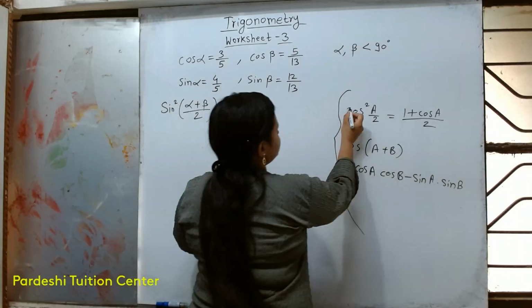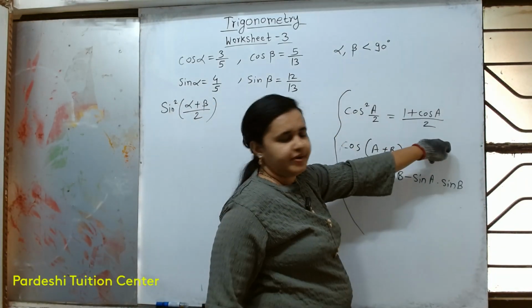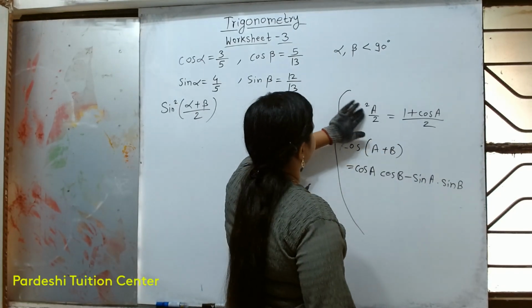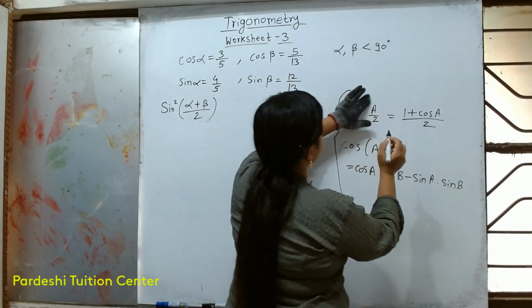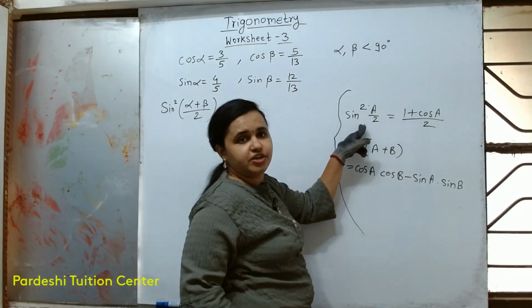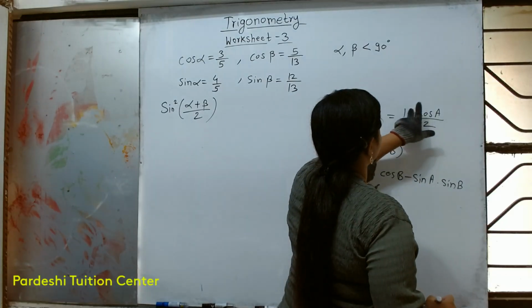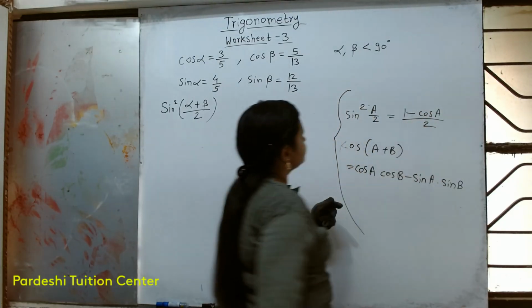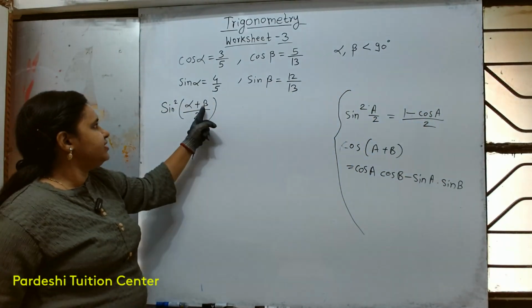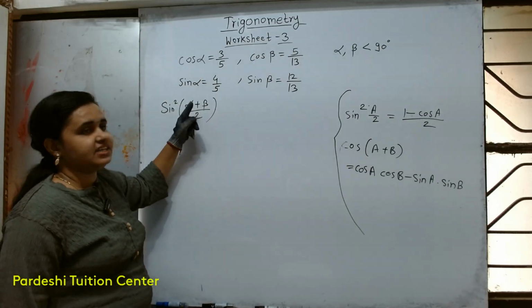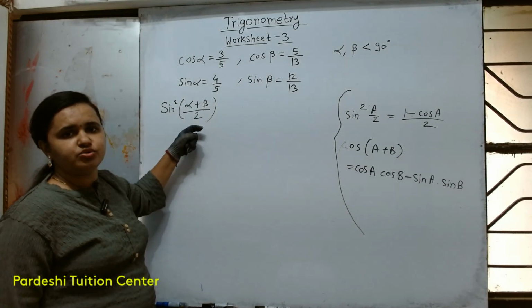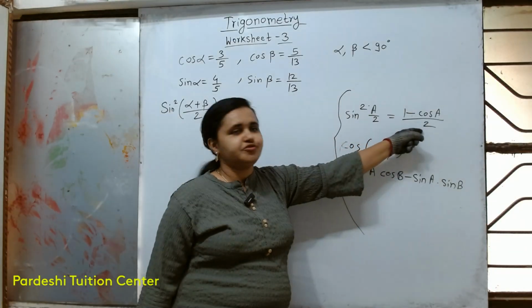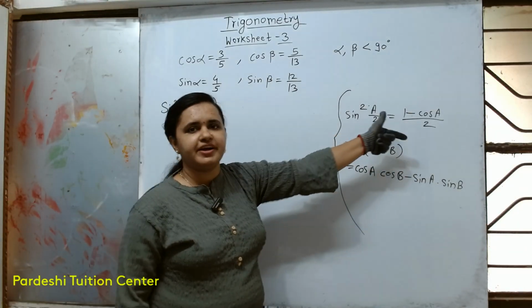Cos square A by 2 was (1 plus cos A) by 2. So what is sin square A by 2? Sin square A by 2 is (1 minus cos A) by 2. Here it is alpha plus beta. If I take alpha plus beta as A, we can consider it as sin square A by 2. So we can put this formula here, (1 minus cos A) by 2.